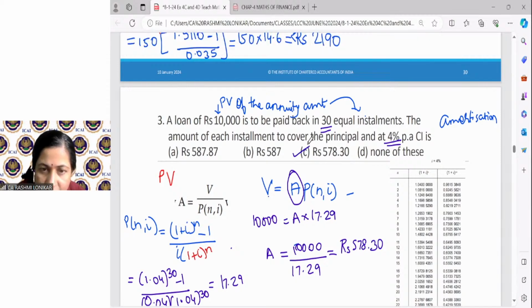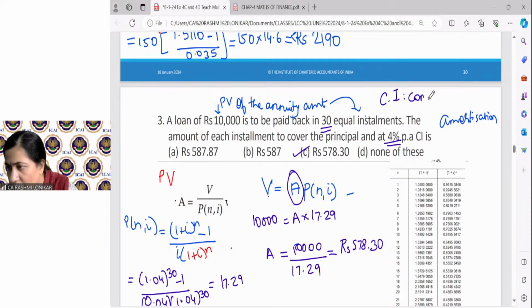Yes, Amrita. Very good. Anjali has got the correct answer. Amal has got, Anuj, Dheeraj. CI, Adhiraj, CI. Don't forget, CI is compound interest. Because if it had been simple interest, the answer would have been different.